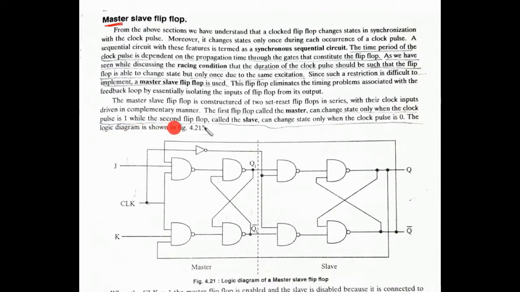The logic diagram is shown in the figure. This is the logic diagram of the master slave flip flop. We use a set reset flip flop in series with another set reset flip flop.